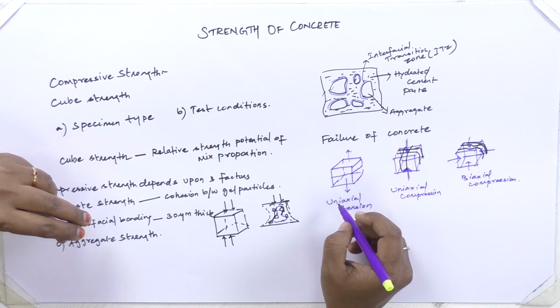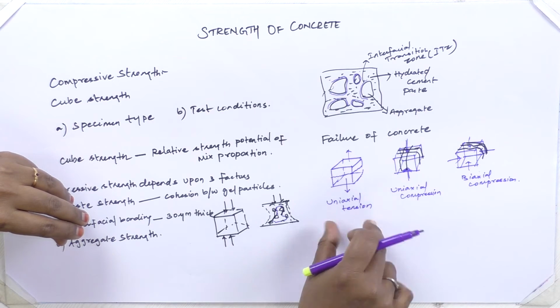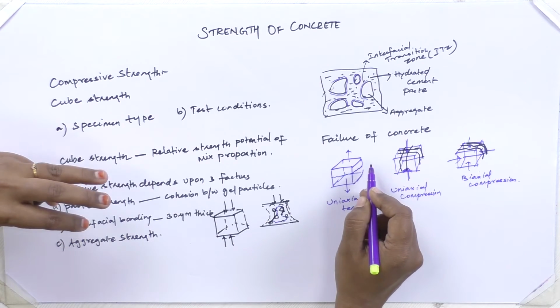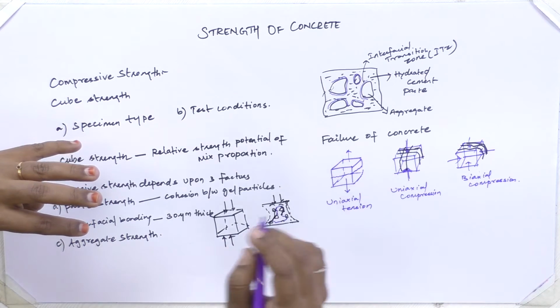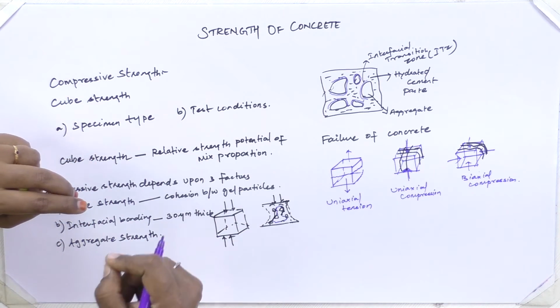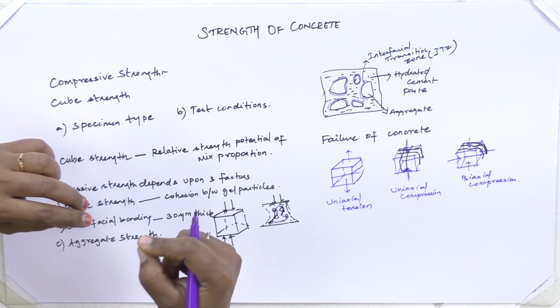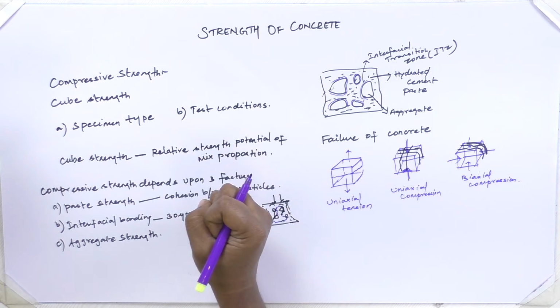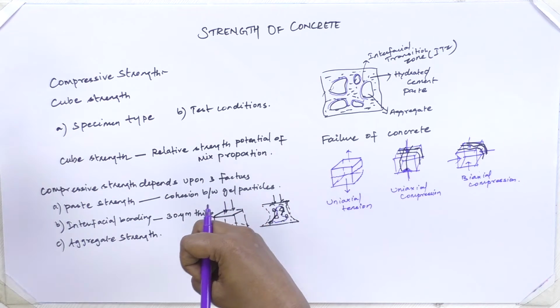If I am applying a tensile load, it can easily break because of the already present flaws, and from there I am trying to pull the material, so it can easily break.